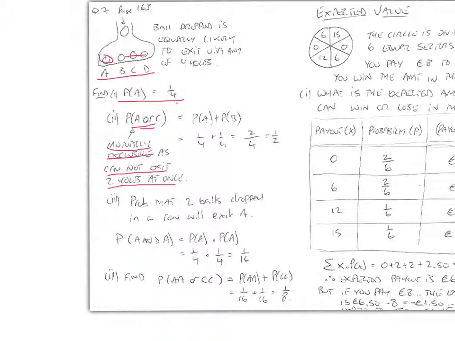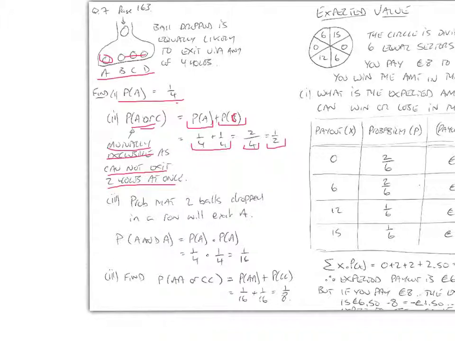So the probability of it going through A or C is found by adding the probability of A to the probability of it going through C. Sorry, there should be a C there. So that's 1 in 4 plus 1 in 4, which is 2 in 4, which is 1 in 2.